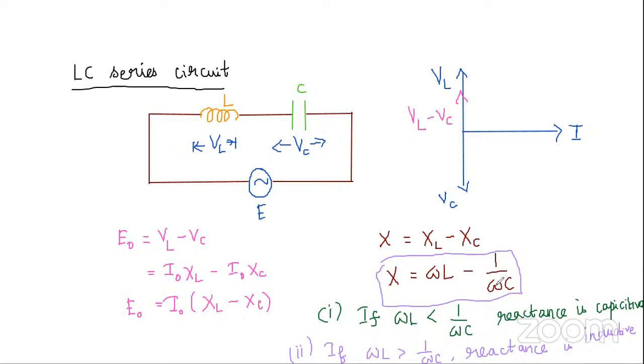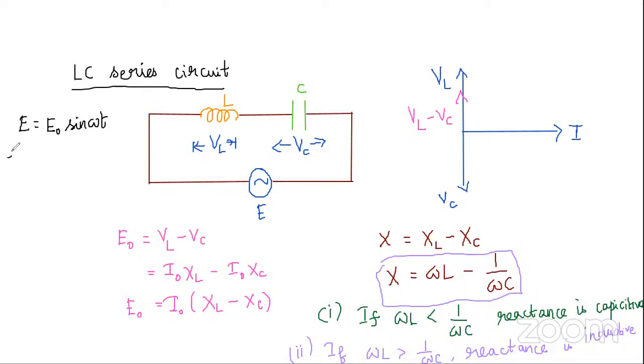And now we have to find out the expression for EMF and current. Those equations also we need to discuss. Here E equal to E naught sin omega t.